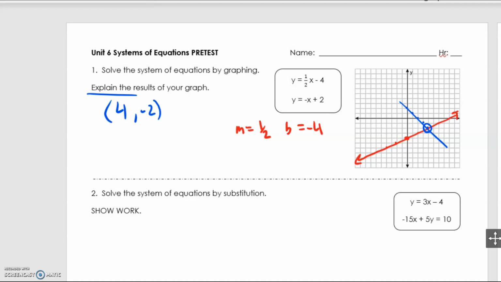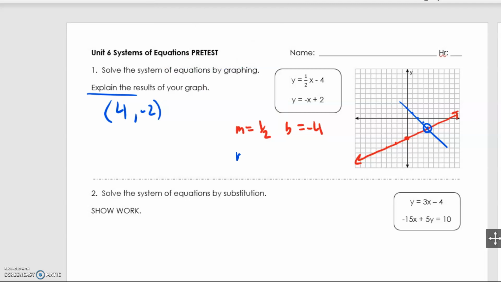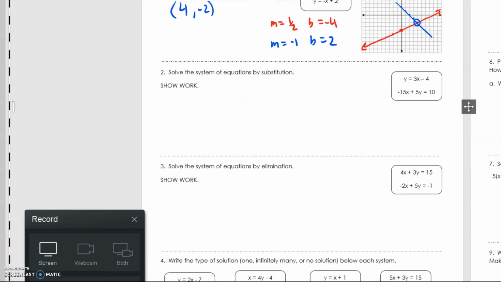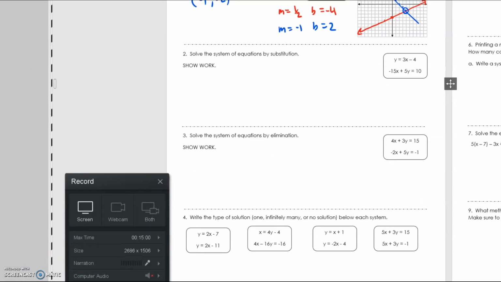And for my bottom equation, my slope was -1 and my y-intercept was 2. That would help explain what you're doing. But like I said, as long as you graph and show your work, then you're good. Okay, so (4, -2). If you wanted to check, you could plug the point in just to make sure that it does work. We're going to keep going to try to make this in 2 videos.